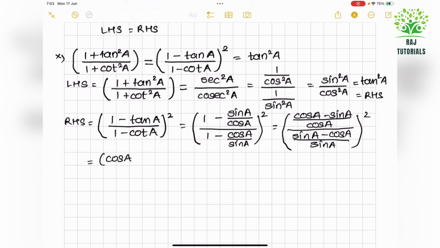So this comes to (cos A minus sine A) whole square upon cos square A into sine square A upon (sin A minus cos A) whole square.